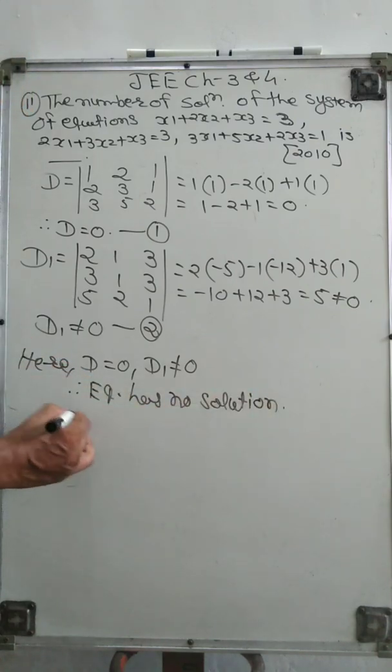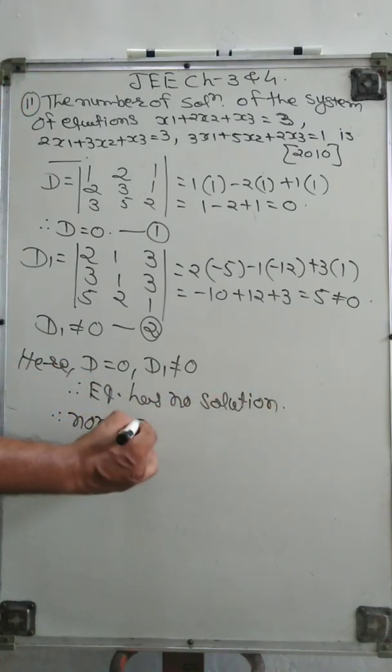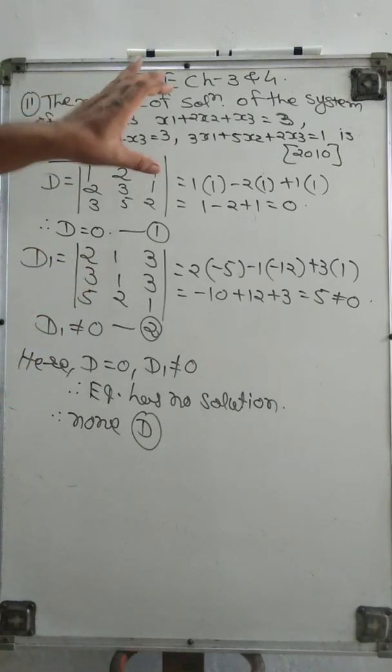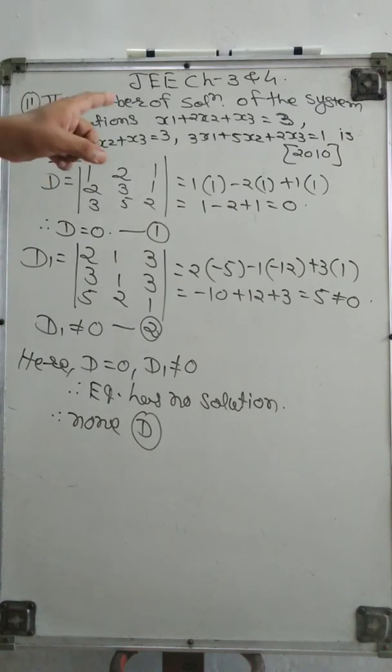Means none is our answer, it is D. Remember this very carefully. When the system is given in this way, you find D, D1, D2 and D3, and from the nature of D, D1, D2 and D3 we can find how many roots can be obtained. Then we go for the next one.